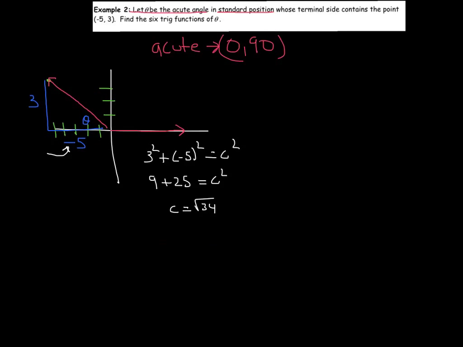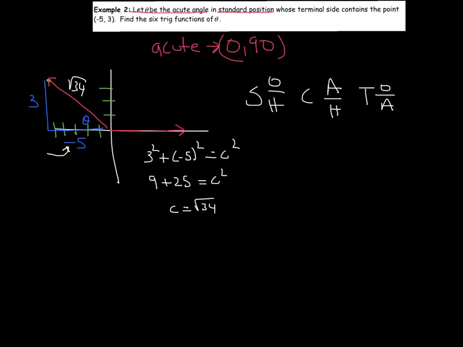All right, so let's put that in there, square root of 34. All right, now that we've got all 3 sides, we're back to what we learned in part 4.2. We need to get all 6 trig functions. So let's start with what we remember. So, ka, toa.